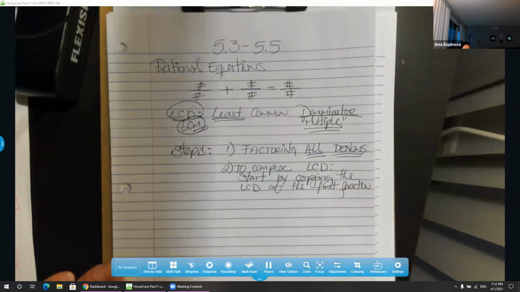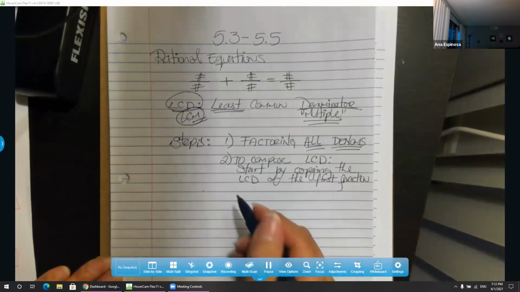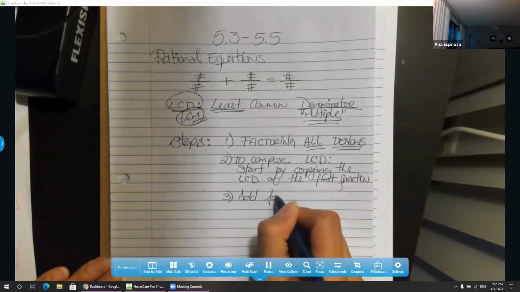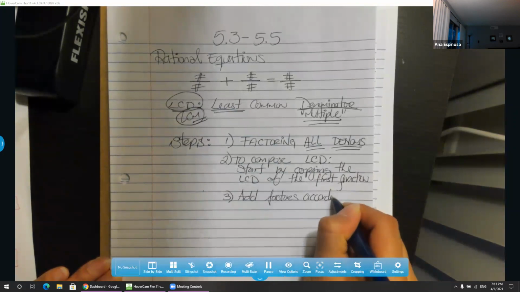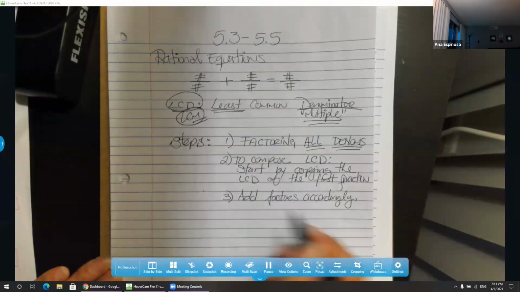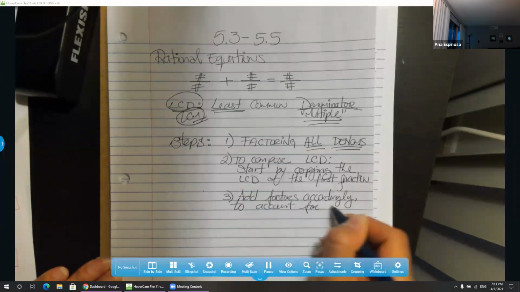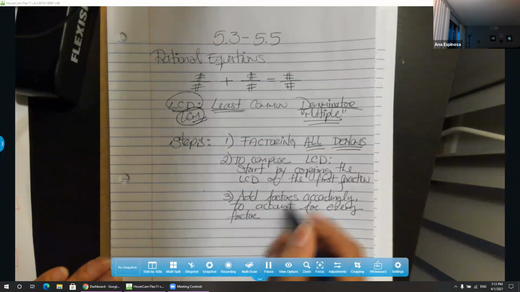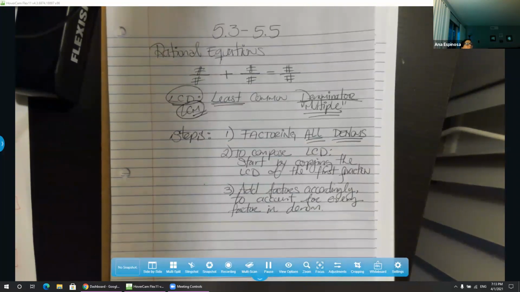These are steps that you might want to write down on your note card. And the third one is add factors accordingly to account for every factor in the denominators. Okay, I'll explain how that goes.